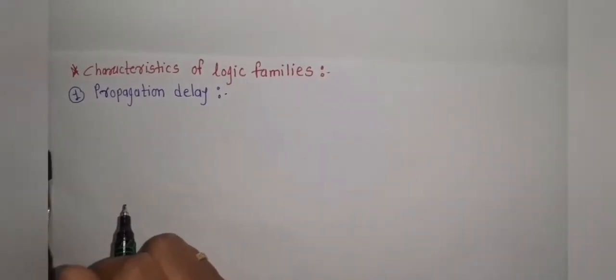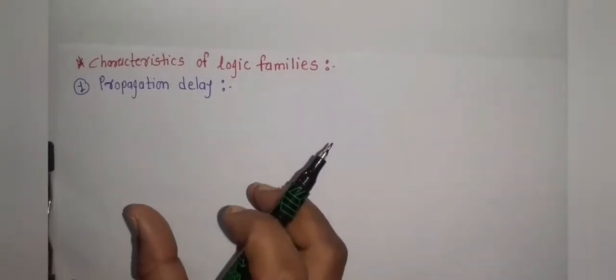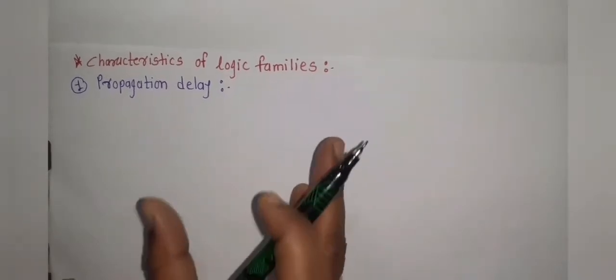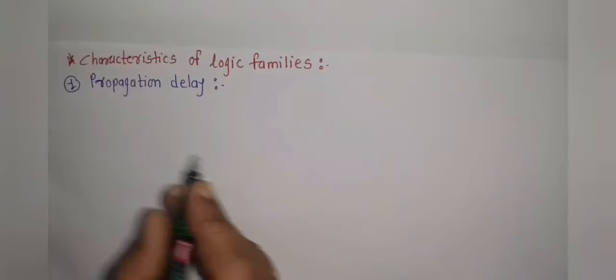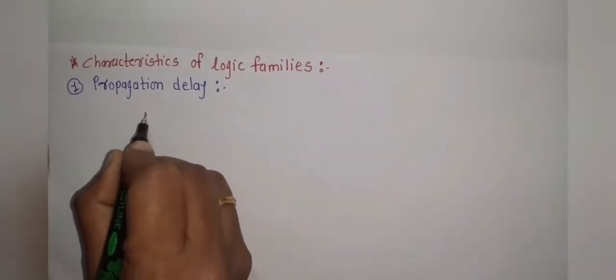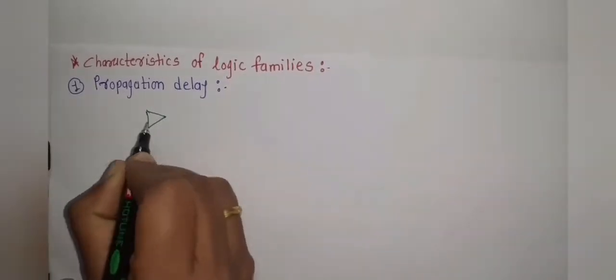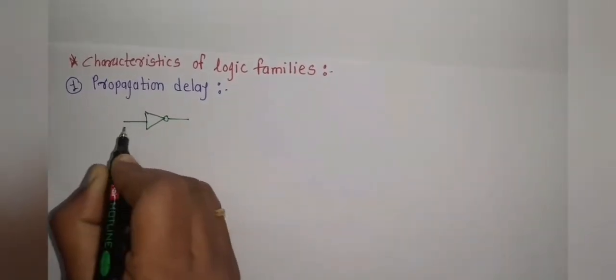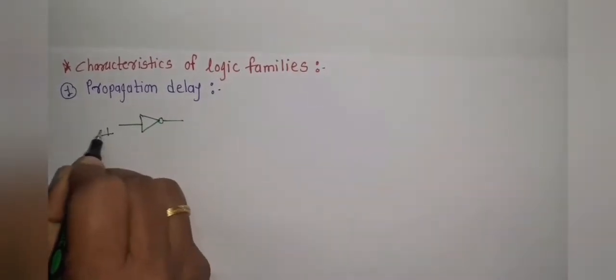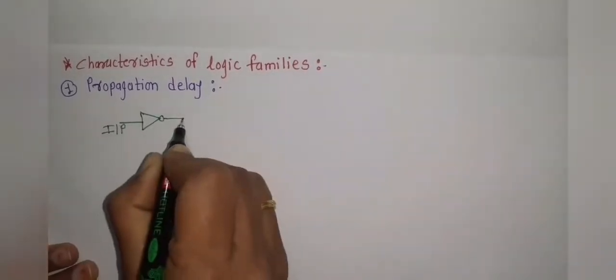Propagation delay means the time taken by the signal to propagate from input to output. For example, I take one NOT gate. Here, this is the input and this is the output.